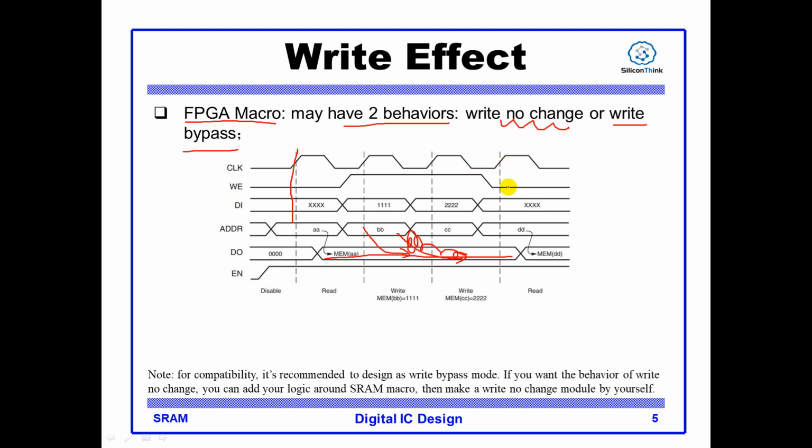So only read operation will change the value on D out. But for compatibility, it's recommended to design as write bypass mode. For write bypass mode, most likely this design can be used in ASIC mode and FPGA mode.